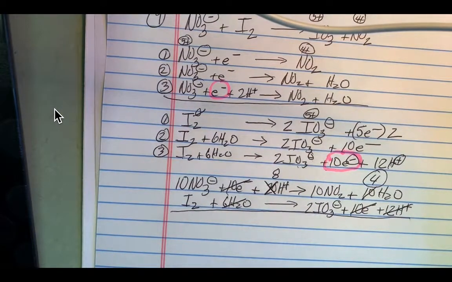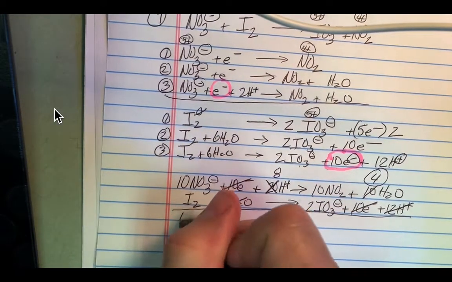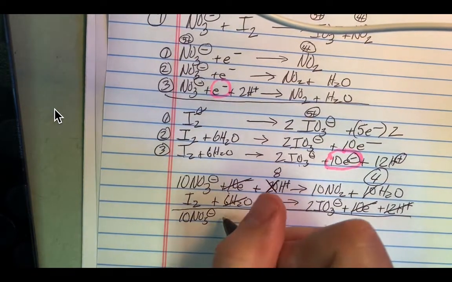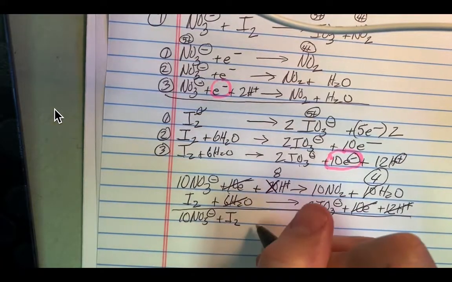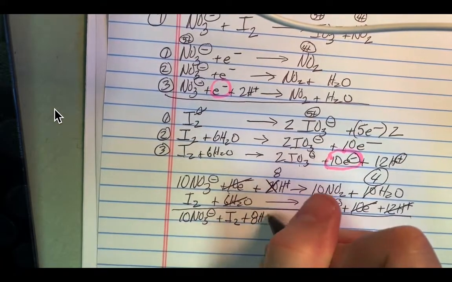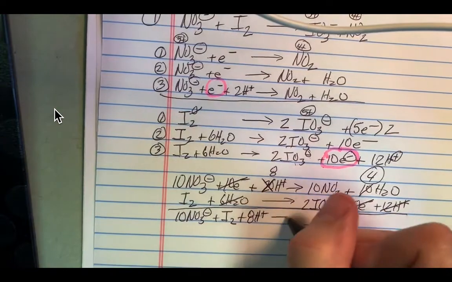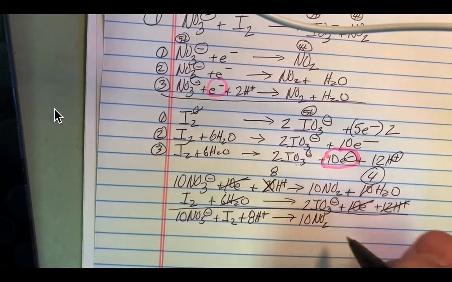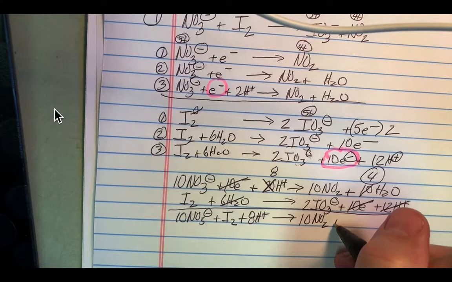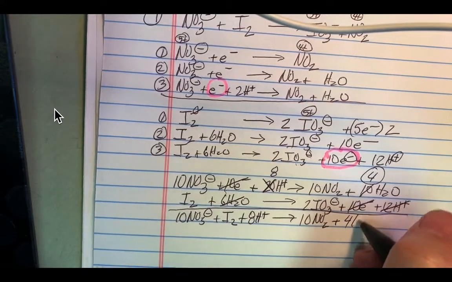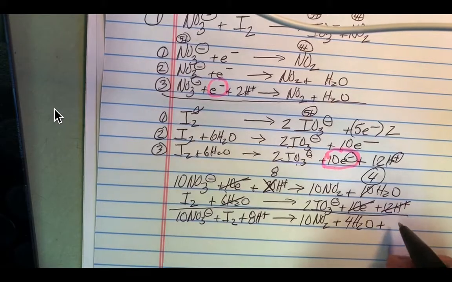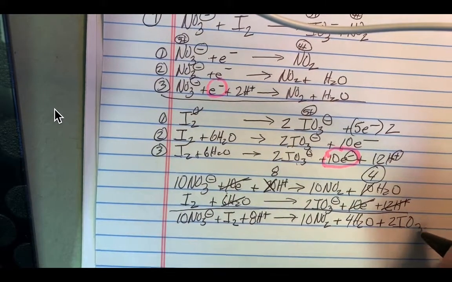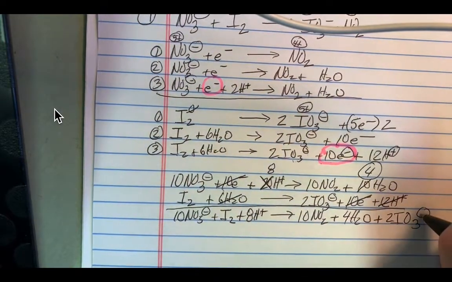And otherwise we look like we're in pretty good shape. 10 NO3 minuses plus I2 plus the 8 H pluses that survived reacting to make 10 NO2s plus 4 waters plus 2 IO3 minus.